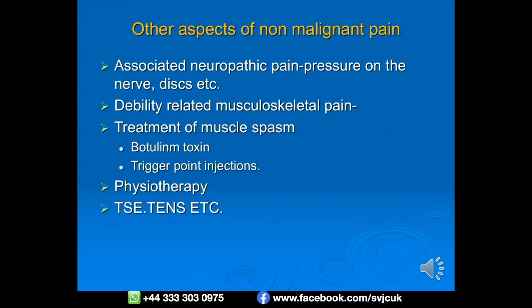Then there could be debility-related musculoskeletal pain because of not being able to walk and may not be able to do exercise, etc. Then the patients may get a lot of muscle spasm where you may need to use muscle relaxing agents such as botulinum toxin (Botox) and trigger point injections with local anesthetic and steroid.